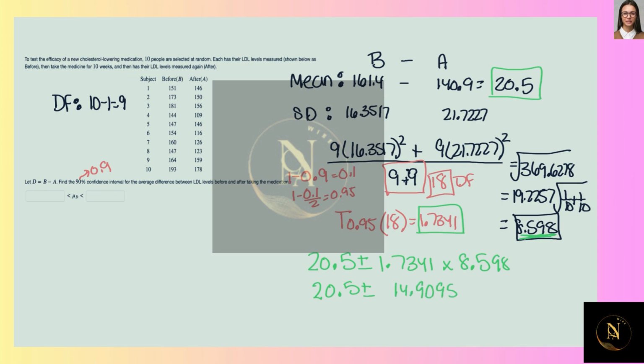And your confidence interval for the difference between the means is 5.59, and I'll go out 2 decimal places, and 35.41.